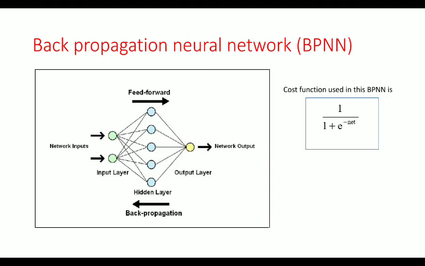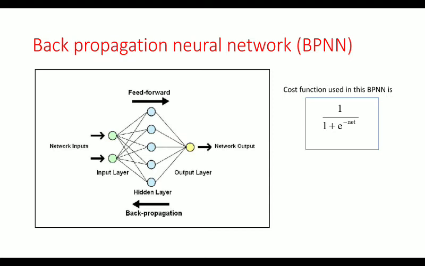This is the backpropagation network. We all know about this: it has one input layer, a hidden layer and an output layer. Initially we assign some weights and assume some target values. We calculate output values, and if these output values are close to the target values, we take them as outputs. If not, using backpropagation we modify the weights, and finally we calculate the output.